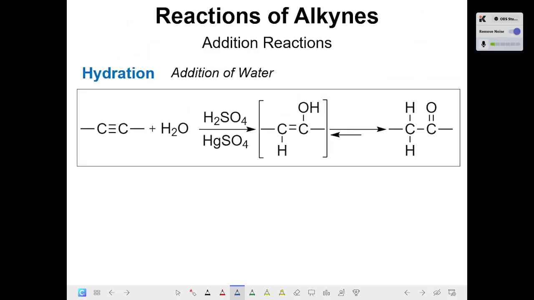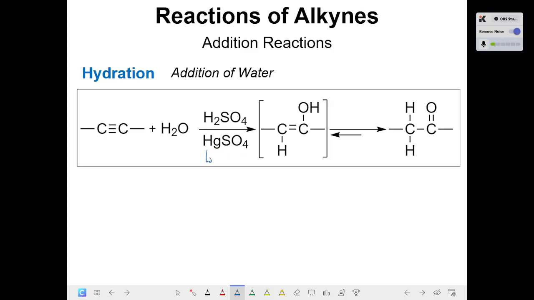This is called your hydration reaction. Hydration refers to the addition of water. Don't get confused, because we have the terms hydration, hydrogenation, halogenation, and dehydrohalogenation. In this reaction, our triple bond will react with water in the presence of sulfuric acid and a mercury compound.